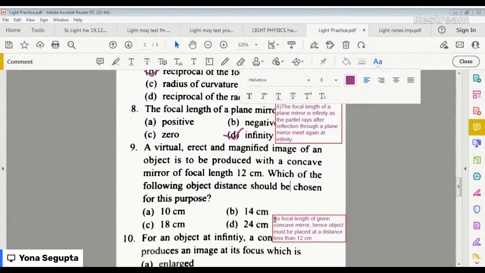Okay, it should be 10 centimeter, as you can all see. Now we will move on to the next question. Again, can you understand what I am teaching? If you can't understand anything, just tell me, okay?